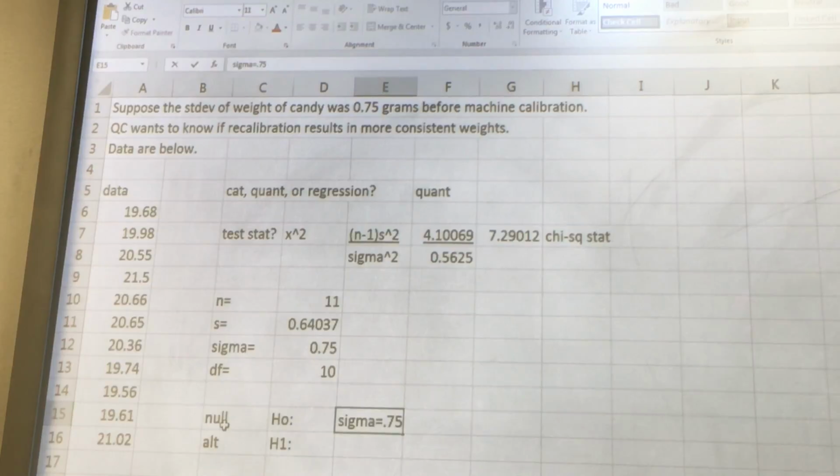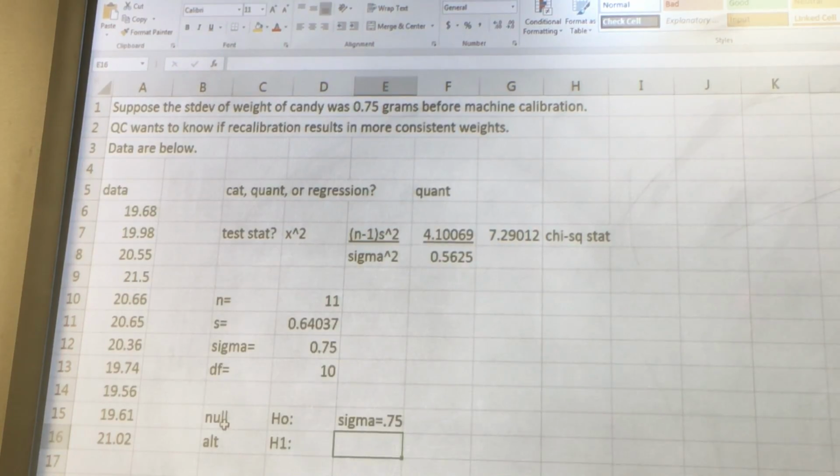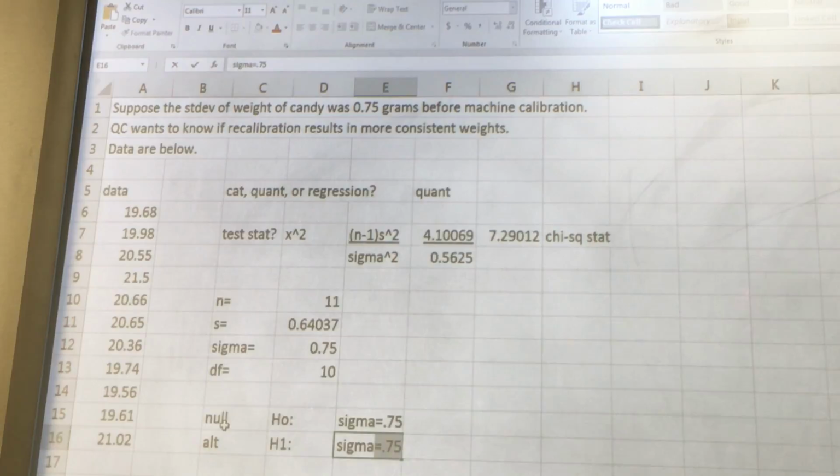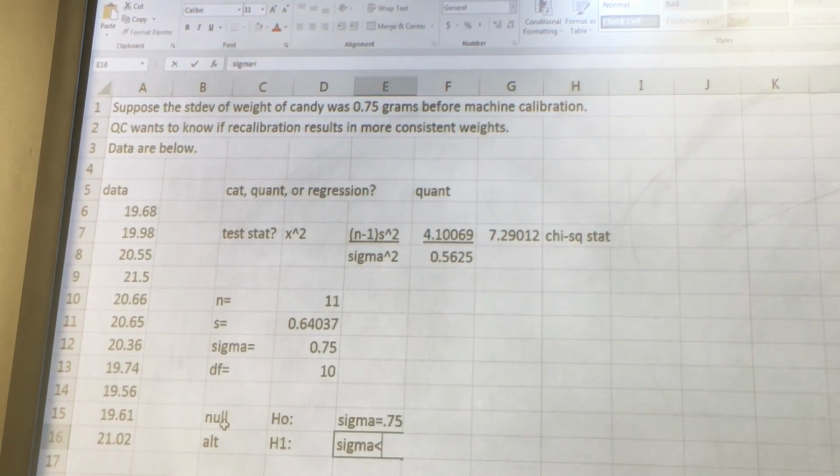Okay? Alternative hypothesis. So they want to know if it results in more consistent weights. What does that mean? Less deviation. Maybe less standard deviation, right? Okay? So my alternative hypothesis is sigma is less than 0.75. Does that make sense?